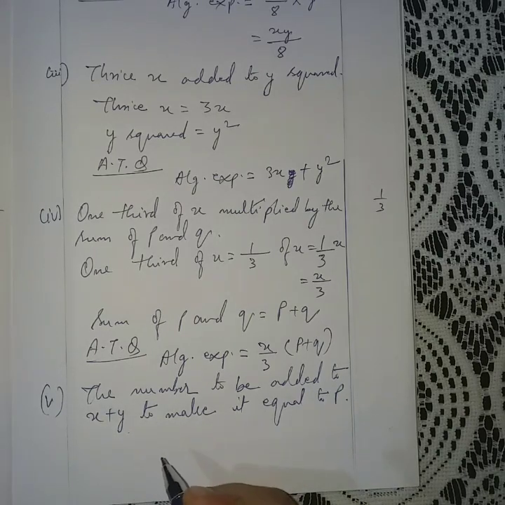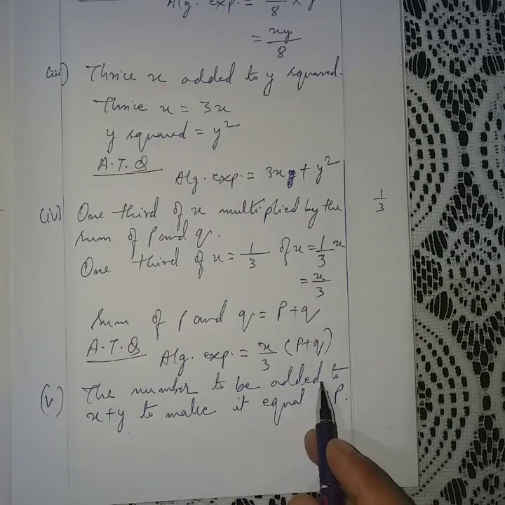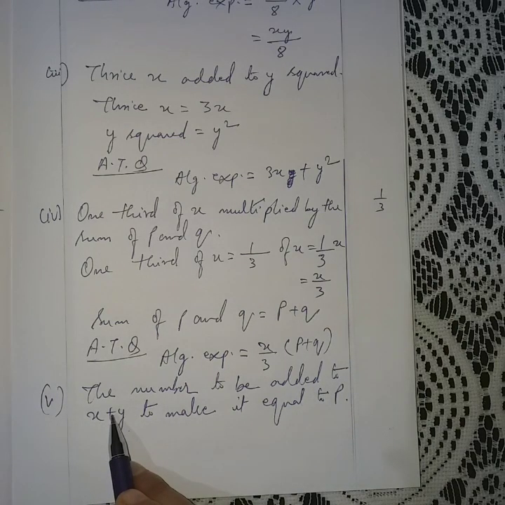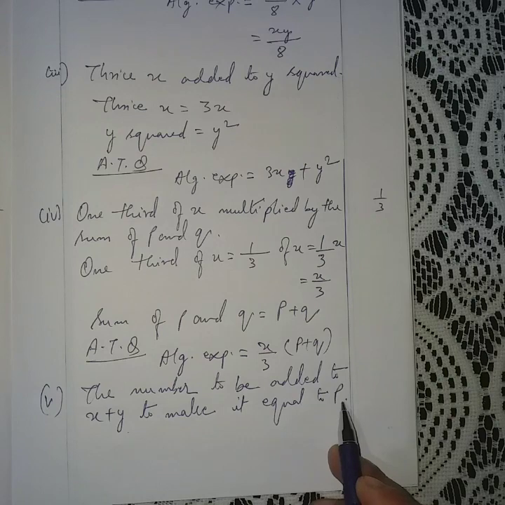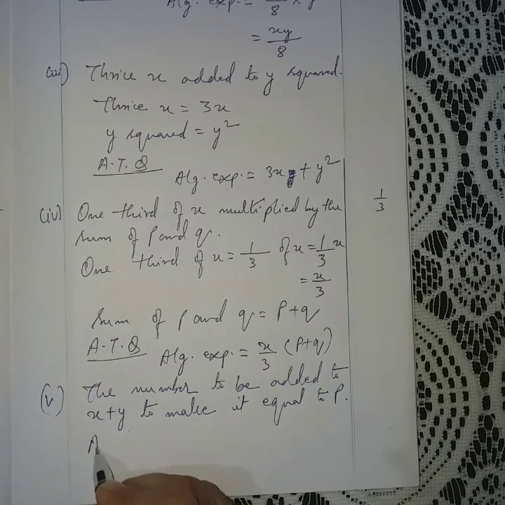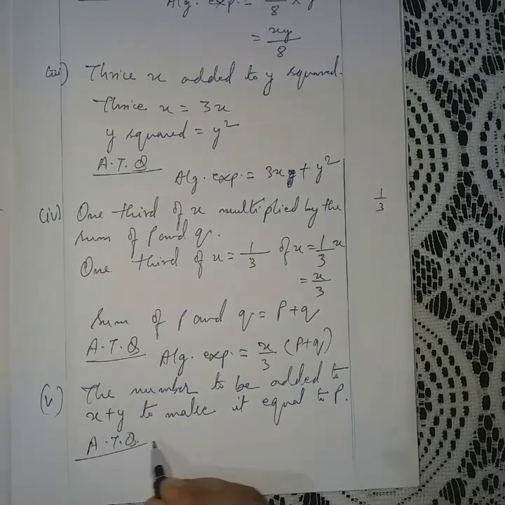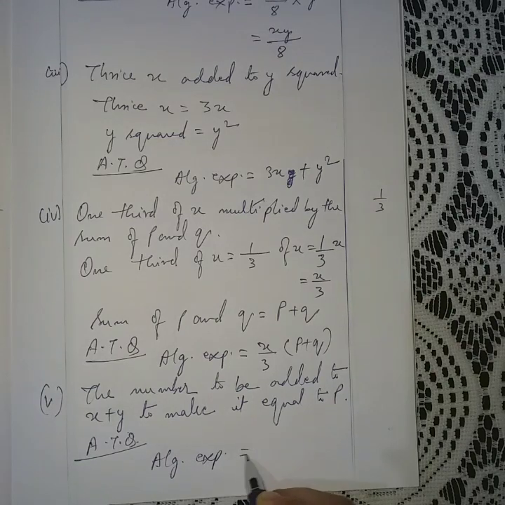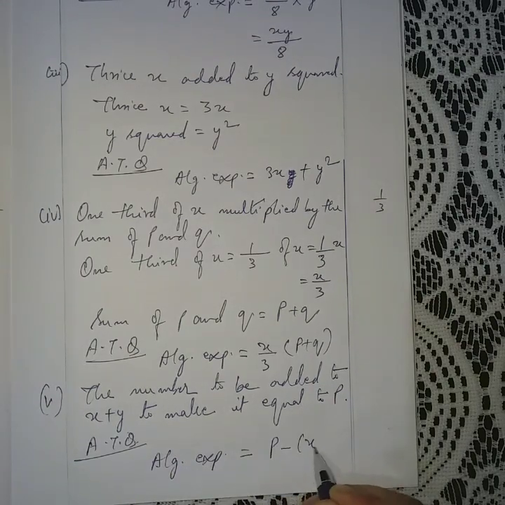So the number to be added to x plus y, any number which will add with this and that will be equal to p. That number, how will we get? We'll get it by subtracting this number from this, isn't it? So directly we can write according to the question, the algebraic expression will be equal to p minus x plus y.